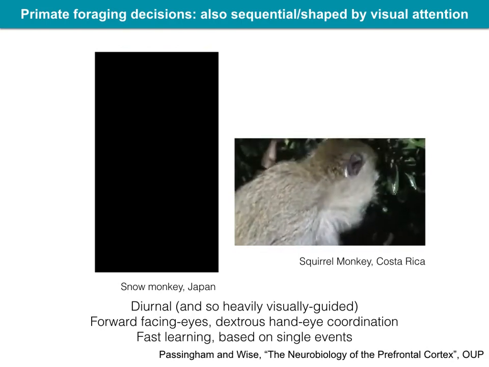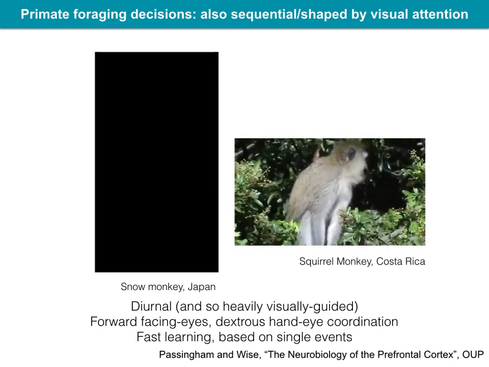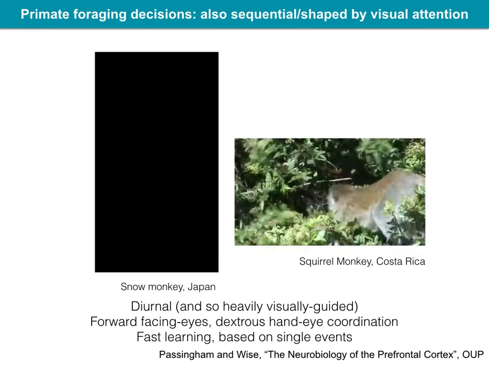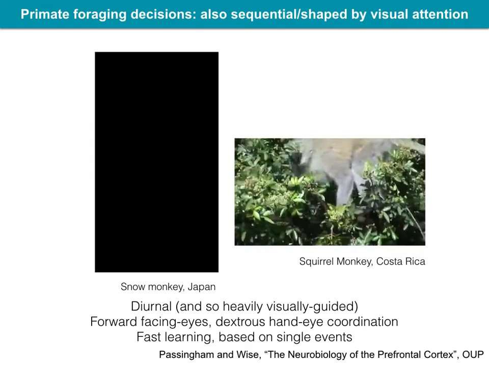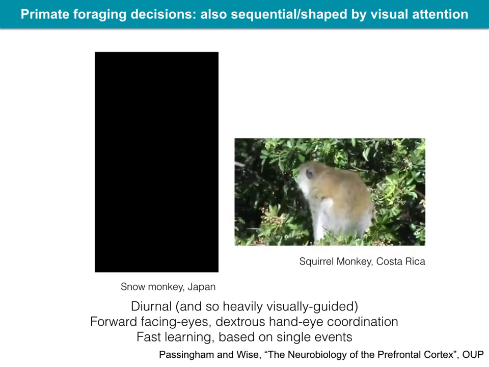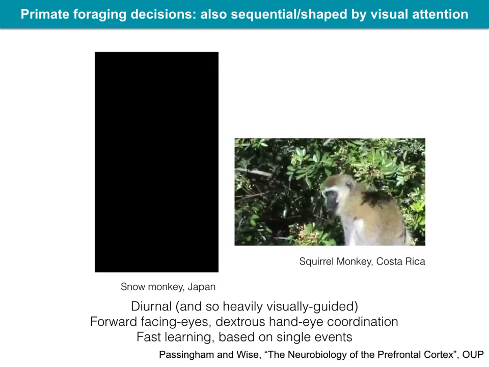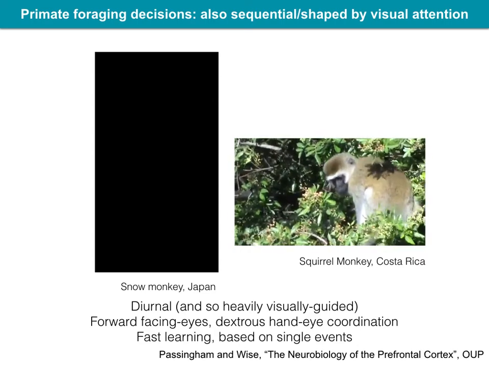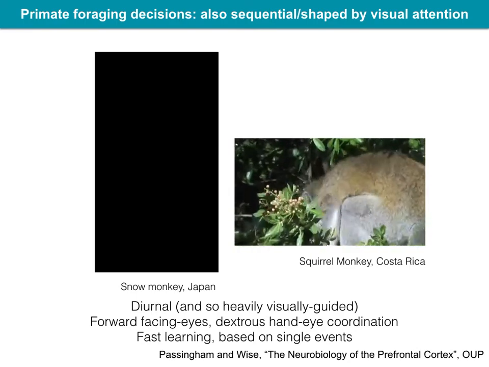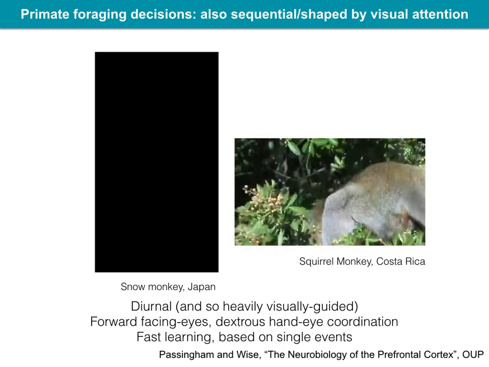So here are two monkeys who are foraging in very different environments. One in the snow in Japan, and one is a squirrel monkey. But there are some features of their behaviour that are common. They both rely very heavily upon visual attention as they search for food, and they both perform that search in a very sequential fashion.